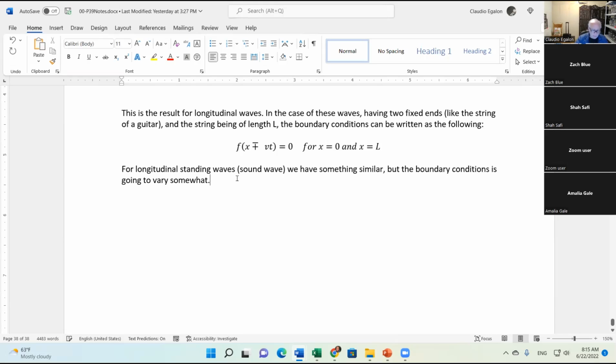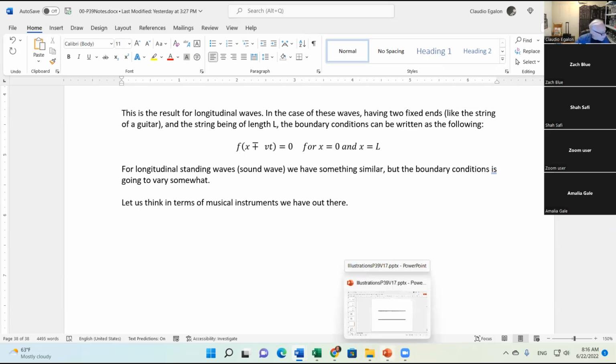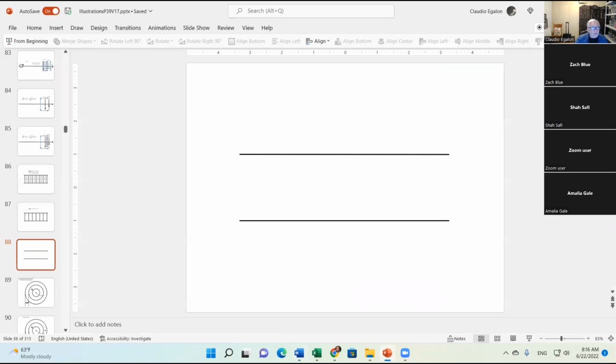So let's think in terms of musical instruments we have out there. Okay, we start with the case of a tube with two open ends.